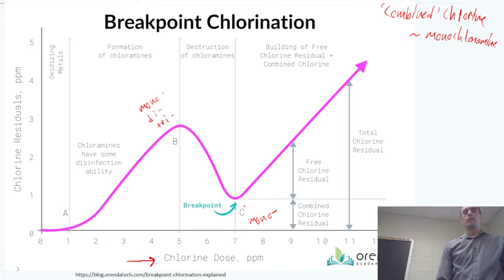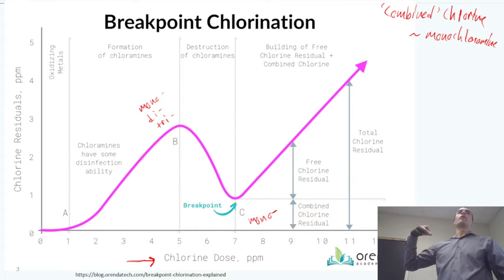And, as pictured here, maybe that's 7 milligrams per liter after that point, and we essentially have 1 useful milligram per liter of combined chlorine. Then we add to get our free chlorine residual. So if we're doing a disinfection step in a contact chamber, we would want some knowledge about how much it's going to take to get to the break point, and then say we want 5 milligrams per liter of free chlorine in our system to contact with our water for some amount of time.